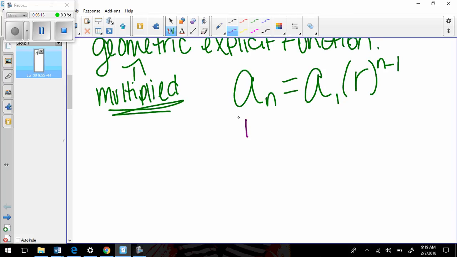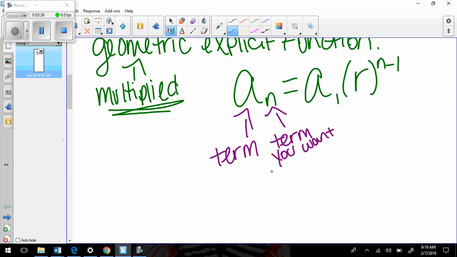This a means term. n is the term you want to know. r is the rate. And a sub 1 tells me this is the first term.